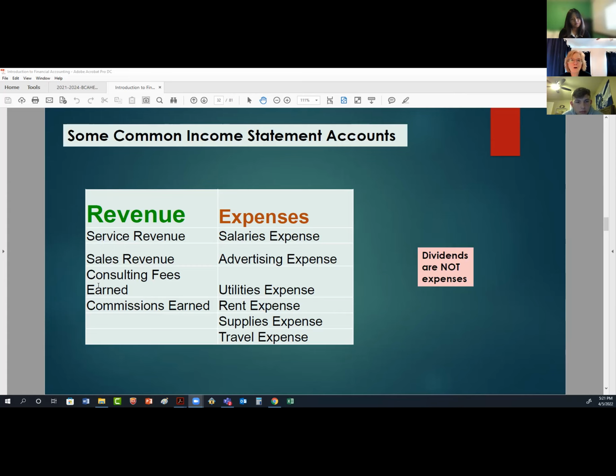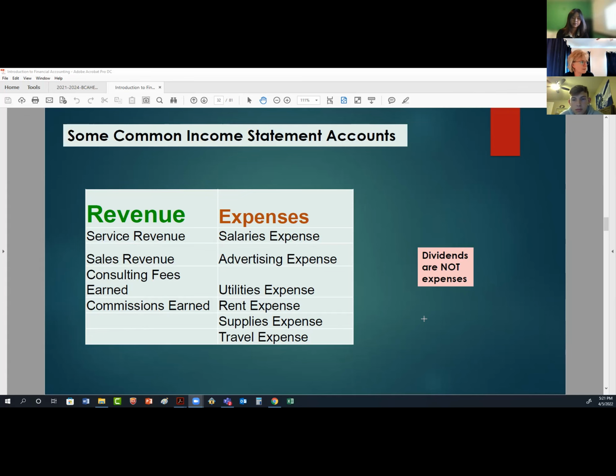I think some of your homework calls it earnings, and that's revenue also. Commissions earned, consulting fees earned, that's all revenue titles. And then expenses are all words with expense. There's one more expense that doesn't have the word expense, and that's cost of goods sold. So just bear that in mind.